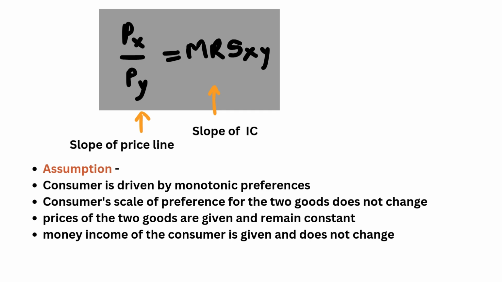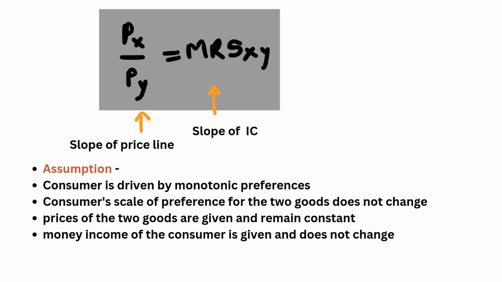Number 1, the consumer is driven by monotonic preferences. Number 2, the consumer's scale of preference for the two goods does not change. Prices of the two goods are given and remain constant. Money income of the consumer is given and does not change. So at the last, write the assumptions.